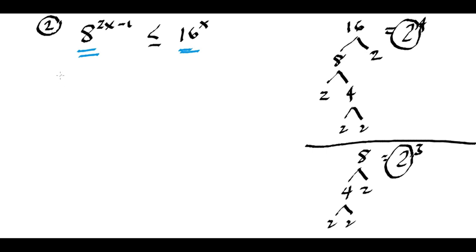So doon tayo sa nauna, sa left side tayo. So that will be 2 to the 3rd power multiplied to 2x minus 1. Sir, saan nanggaling yung 2 to the 3rd? Equivalent siya ng 8. Yung 2x minus 1, given.